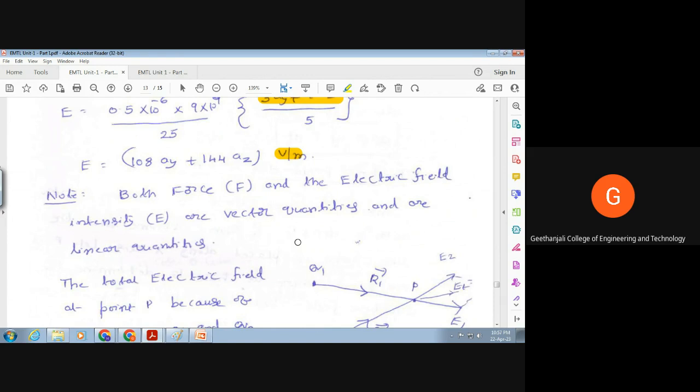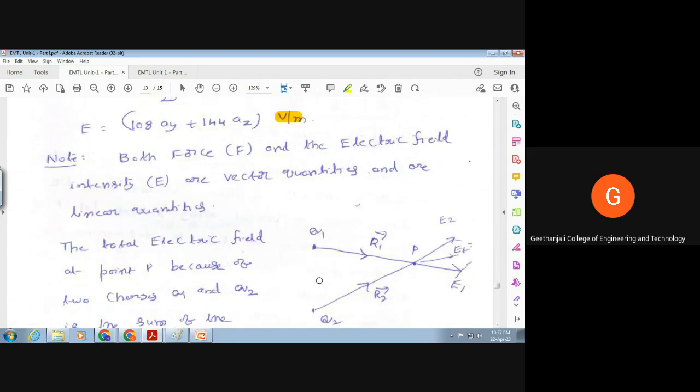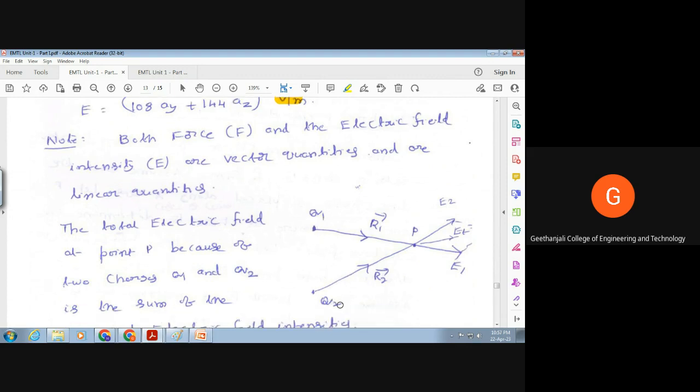So many volts per meter. And one of the important things is both force and electric field intensity are vector quantities and are linear quantities. Linear quantity means, for example, you have a charge Q1 placed at point 1 and a charge Q2 placed at point 2, and you are required to find the total electric field intensity at point P. All you have to do is consider these 2 point charges independently.